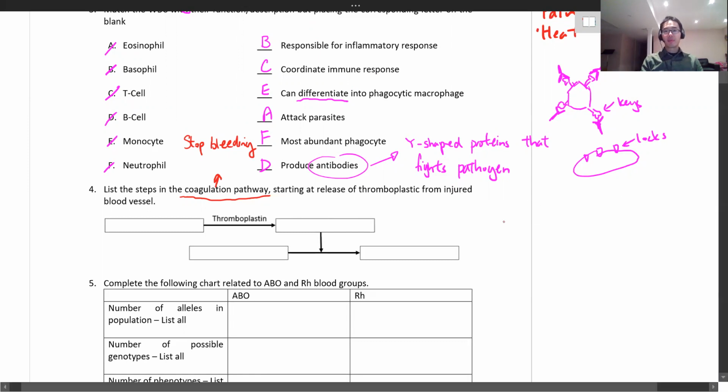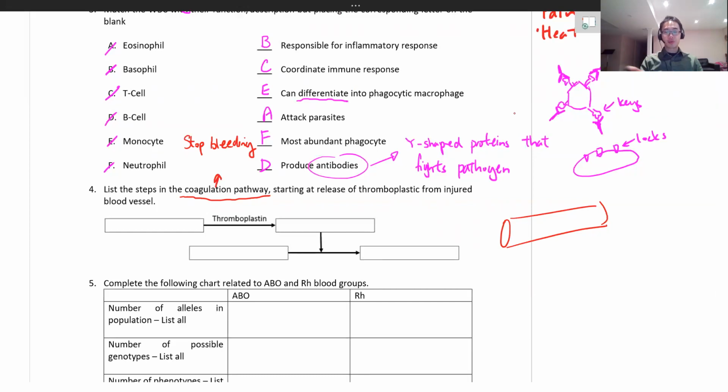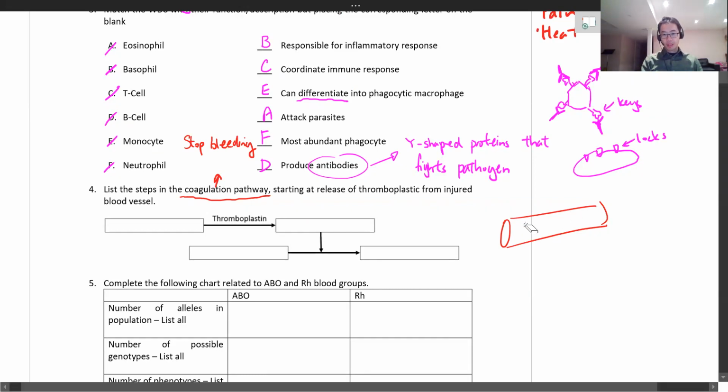Remember, the innermost layer of a blood vessel is lined with smooth endothelium, because blood does not like to pass through a rough surface. If it's not damaged, you have a smooth, uninterrupted endothelium. But if you have a thumbtack coming in or something, that's going to damage the smooth surface and expose the underlying tissue.